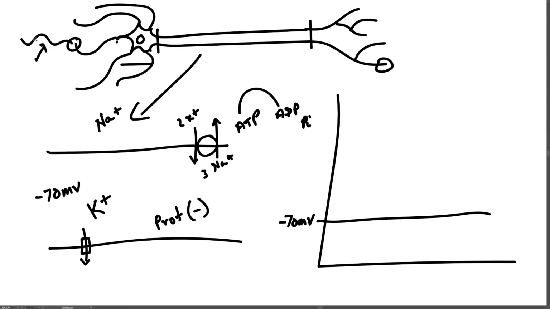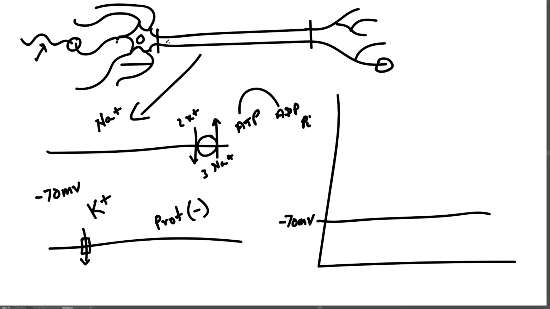And if this neuron up here is firing for whatever reason, then it releases a neurotransmitter that travels through the synaptic cleft, and it binds to receptors in the cell membrane of the dendrite, which we're going to talk about in more detail. But if that's the case, this could be a neurotransmitter gated or a ligand gated ion channel that allows sodium to enter into the cell.